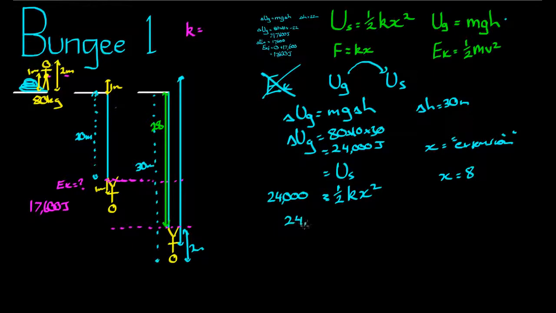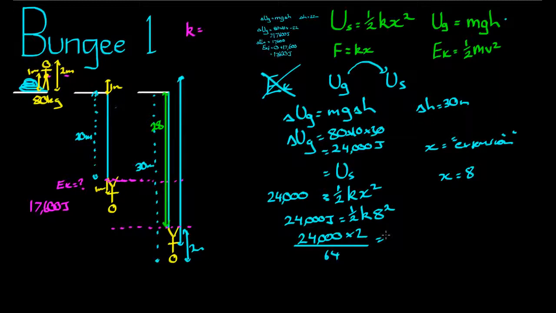So now we have 24,000 joules worth of energy must be contained in a spring that's extended 8 meters. To get k by itself from here, we say 24,000. We can multiply that by 2 to get rid of the half there, and divide it by 8 squared, that's divided by 64.